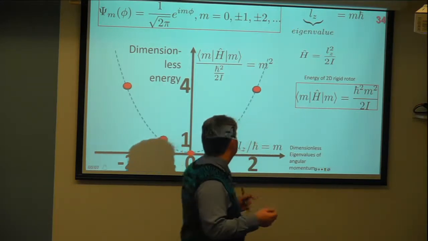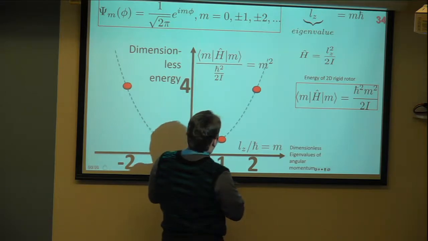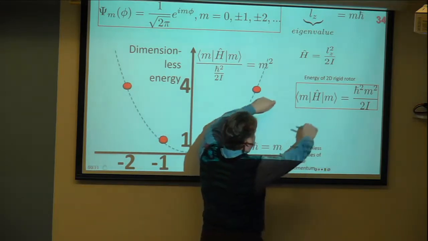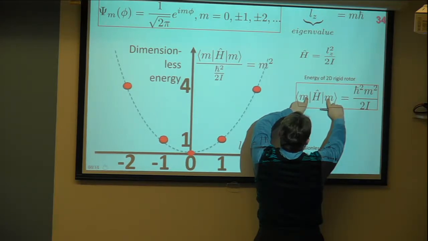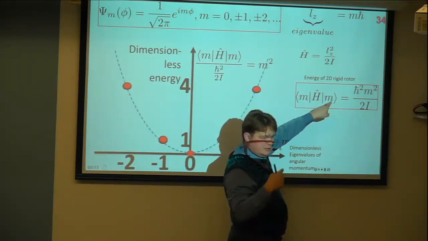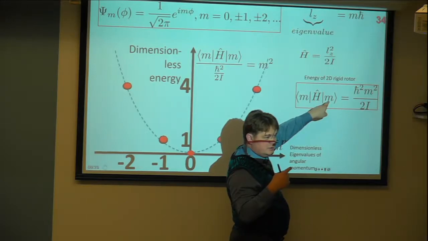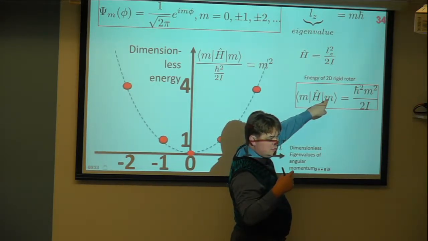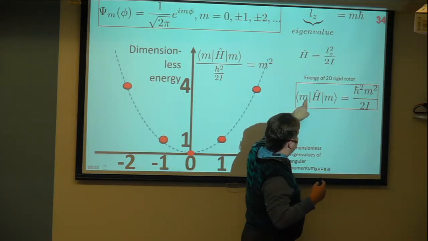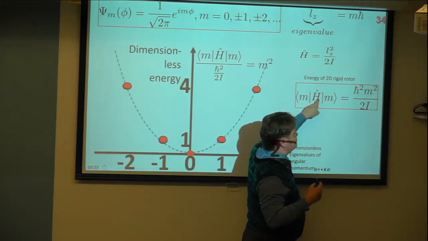So we need to practice bra and ket. So put our eigenfunctions, which are this exponential e to the power i m phi, on the left and right, and put the Hamiltonian in the middle.